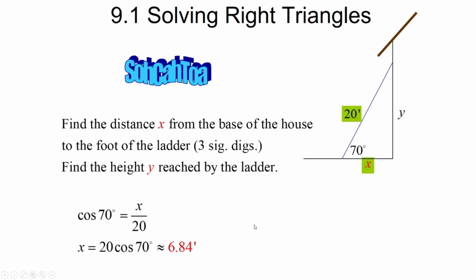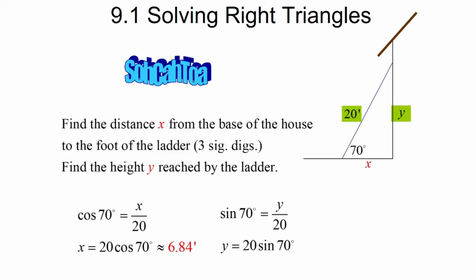So I'm going to go sine of 70 degrees equals, and my trig ratio would be opposite y to hypotenuse 20. And now this is again a one-step equation. Let's just multiply both sides by 20. So y equals 20 times sine of 70 degrees. And let's punch that one out.